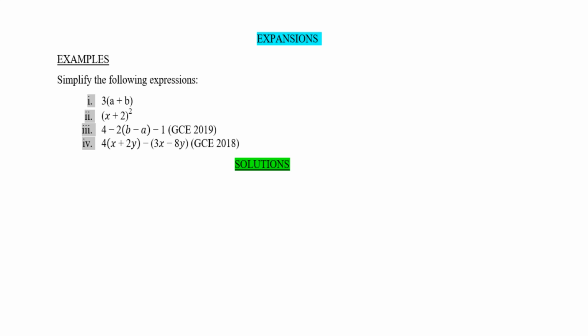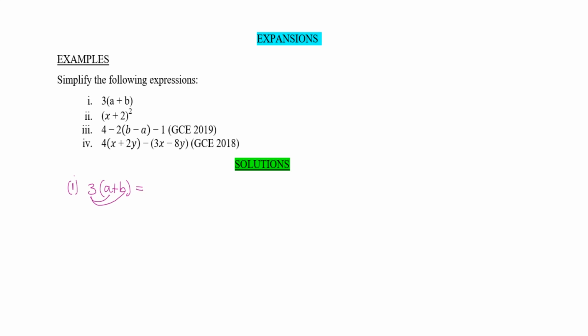So for 1, we are saying we have 3 in brackets a plus b. So we want to simplify this one, so this 3 multiplies a, and again 3 multiplies b. That's how we open the bracket.